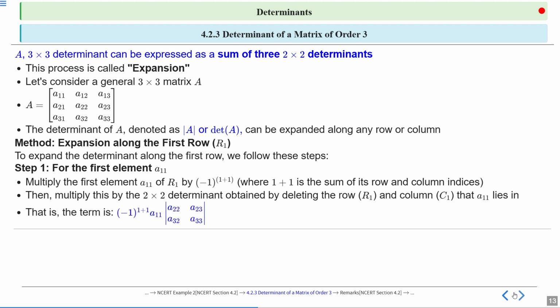So the term is -1 to the power 1 plus 1, into A11, into the determinant of the matrix obtained by deleting the first row and first column.